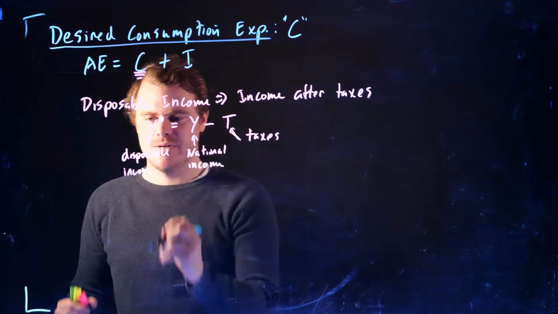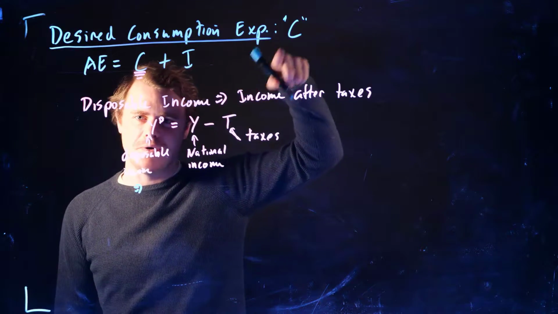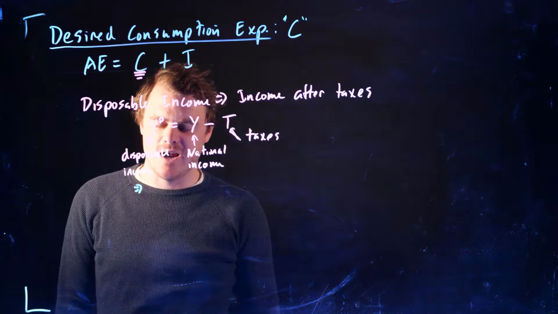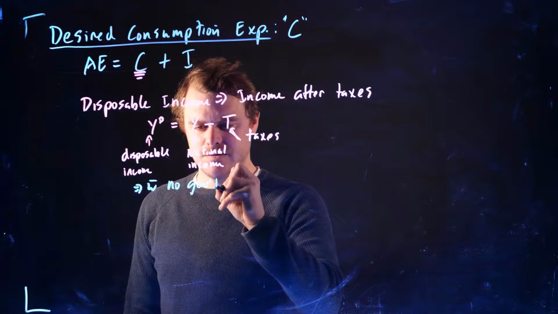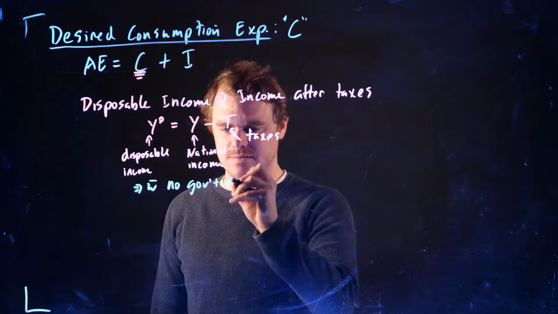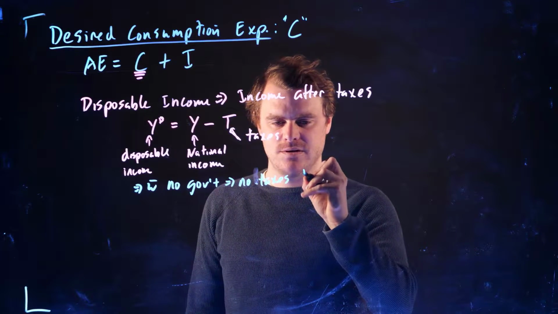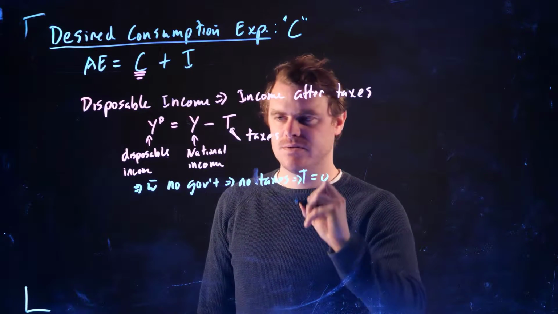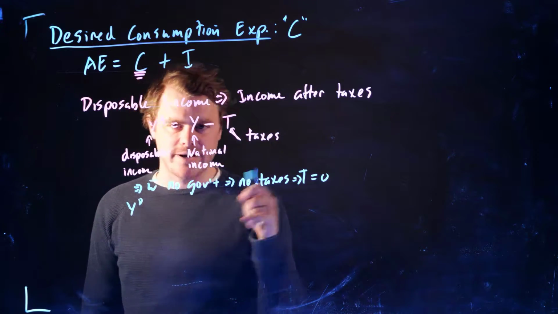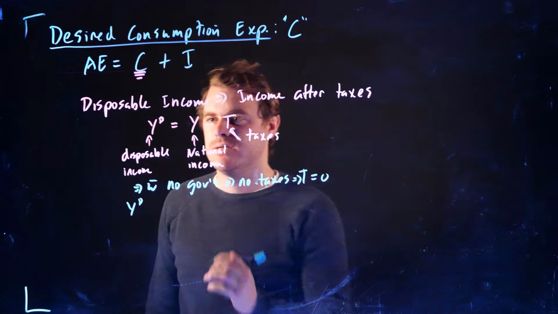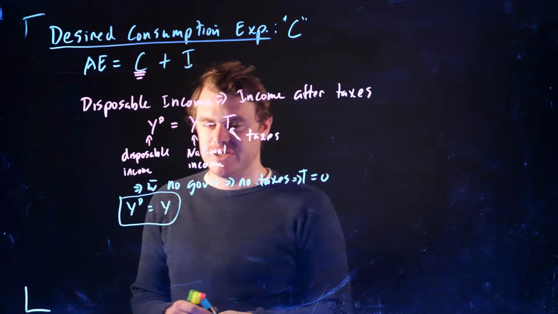Right now, notice that there's no government. Remember, one of our assumptions is that there's no government in this economy. So with no government, there are no taxes, which means T equals 0. What this means is that in this simple model, just for now, we're going to add the government back next week, we're going to have disposable income as just national income.